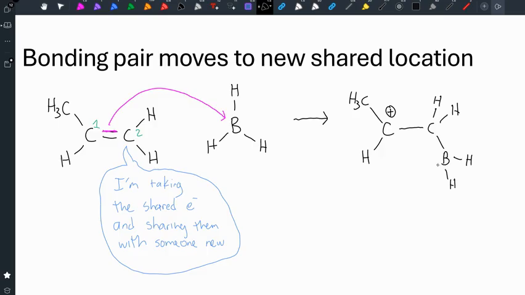Boron is bonded to three hydrogens. And if you're tracking where that bond went, it used to be between carbon 1 and carbon 2. Now it's between carbon 2 and boron. So bonding pair moving to a new bond, that's an example.